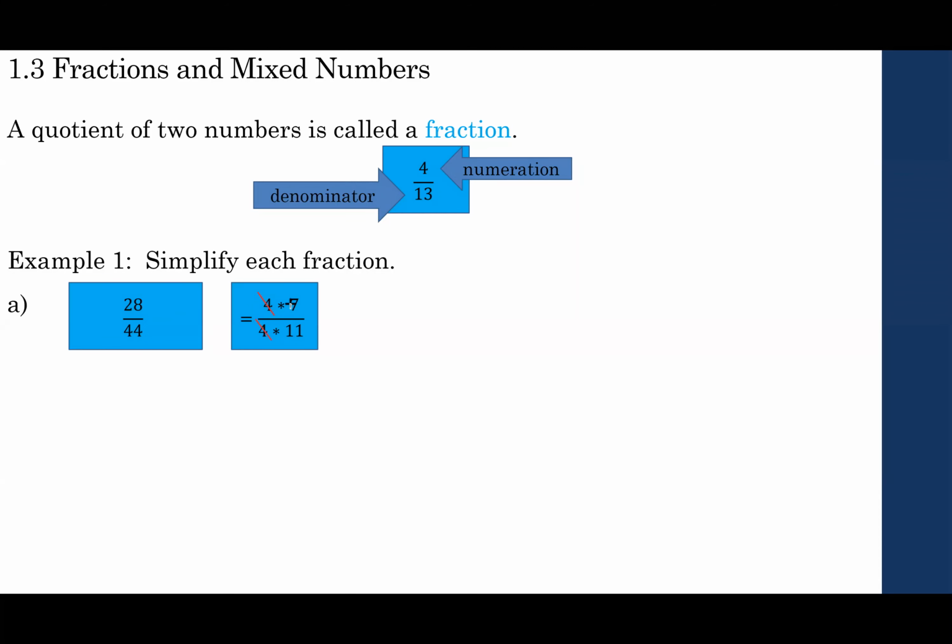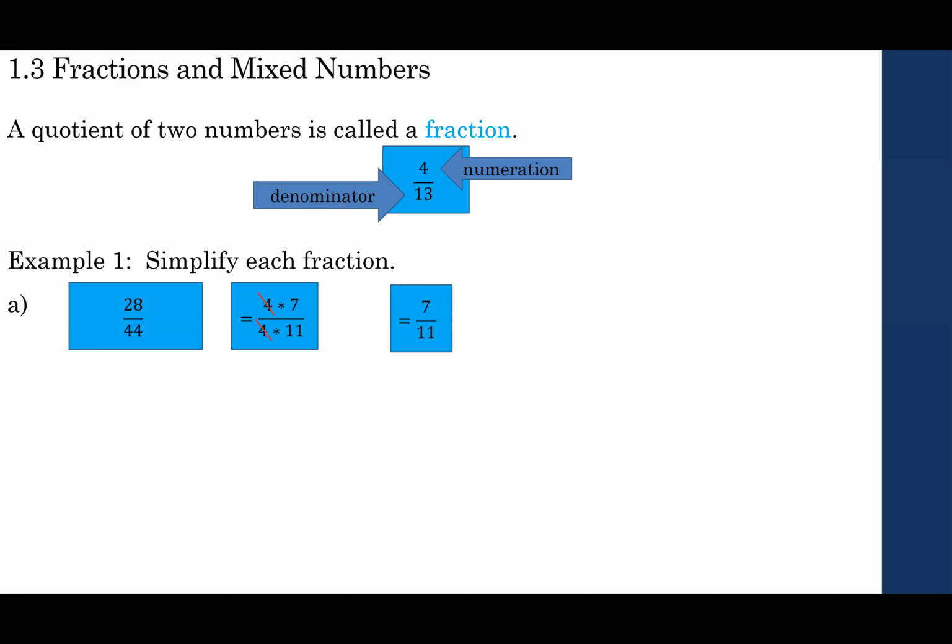To simplify, ask what we have in common: 4 on top and 4 on the bottom. When I say cancel them out, it means they reduce to 1.